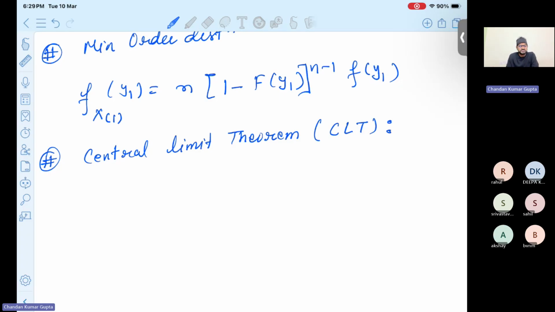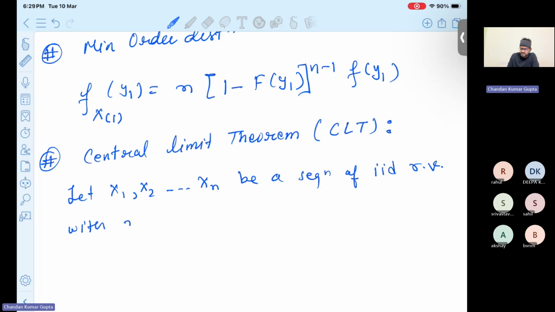Let x1, x2, ..., xn be a sequence of IID random variables with mean mu and variance sigma square, and sigma square must be finite in nature, that is less than infinity.